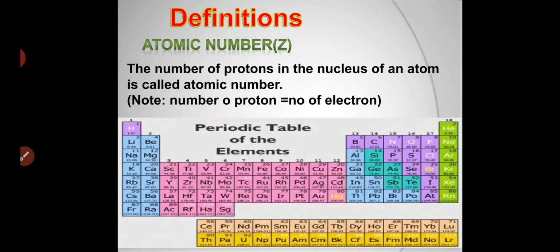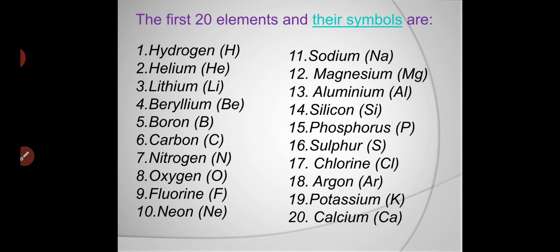So these are the first 20 elements of the periodic table with their symbols. The first one is hydrogen, indicated with H, then helium, lithium, beryllium, boron. Keep in mind while writing symbols, the first letter is always capital.